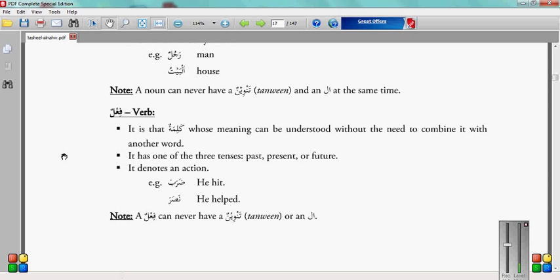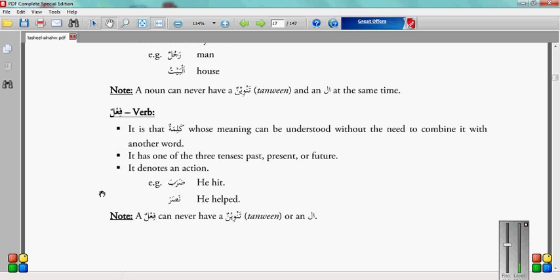A verb, on the other hand, is a kalima whose meaning can be understood without the need to combine it with another word. It has one of the 3 tenses: past, present, or future. It denotes an action. Daraba, he hit. Nasara, he helped. So again, this is a word where if you think about it, you can imagine something without the help of another word.